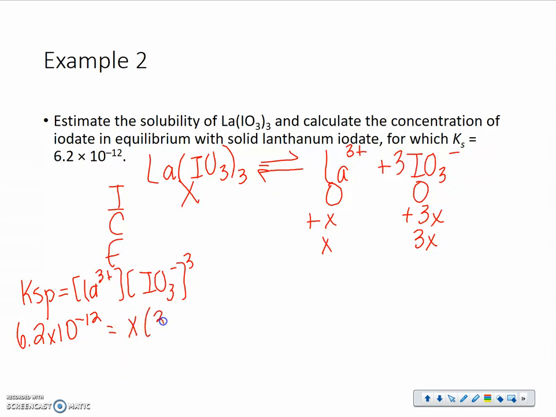This is going to be 3x cubed, which is going to be 3 cubed, which is what, 27x cubed, which would be 27x to the fourth if we combine our x's. So divide by 27, and then take the fourth root of that.